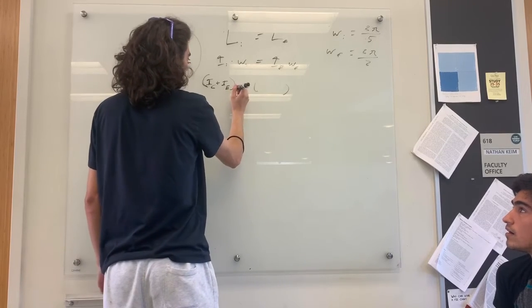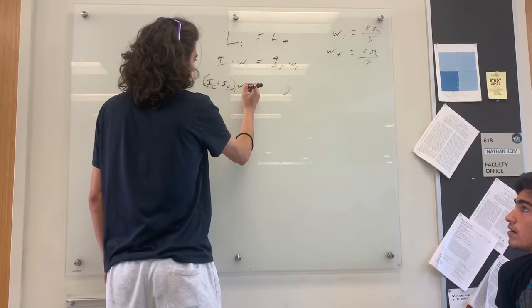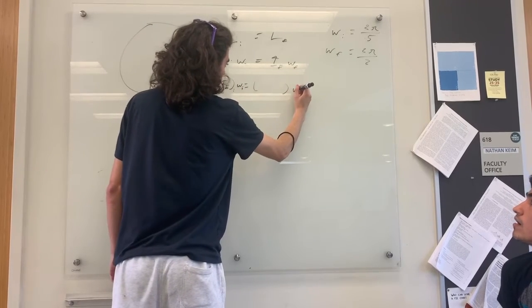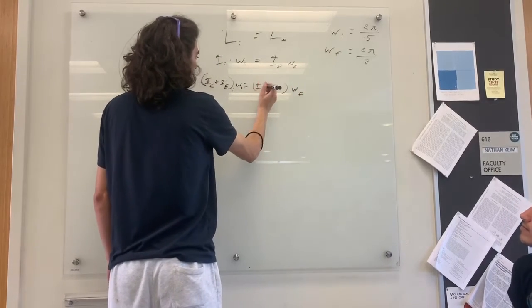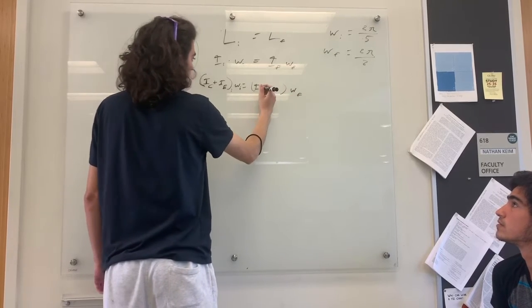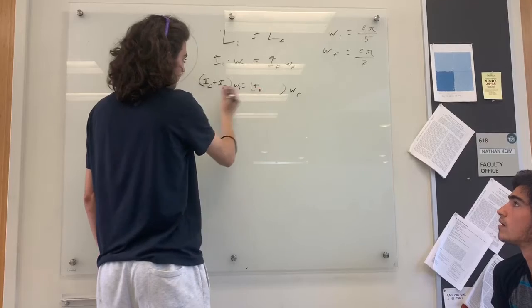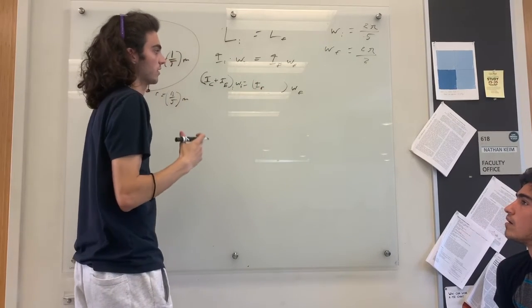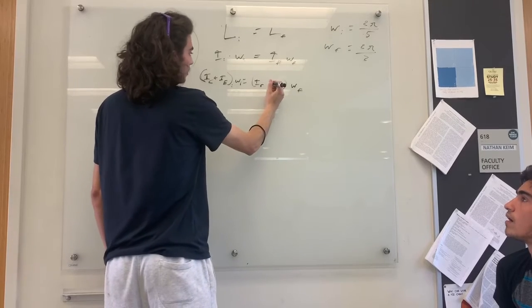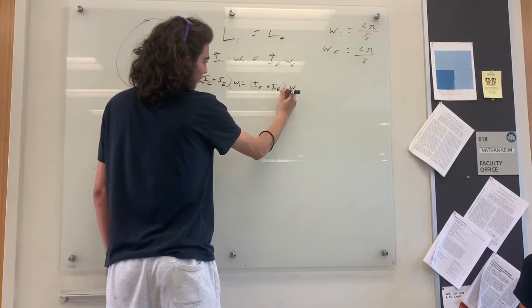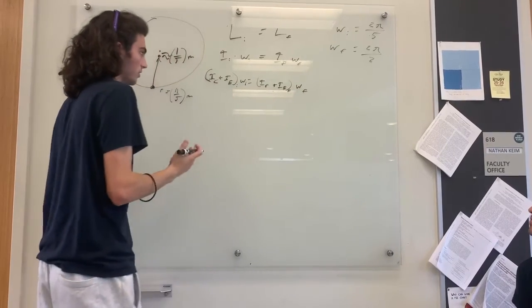The initial values times the initial angular velocity has to equal the final angular velocity times IC, the moment of inertia of the carousel, still a constant, plus my new final moment of inertia.